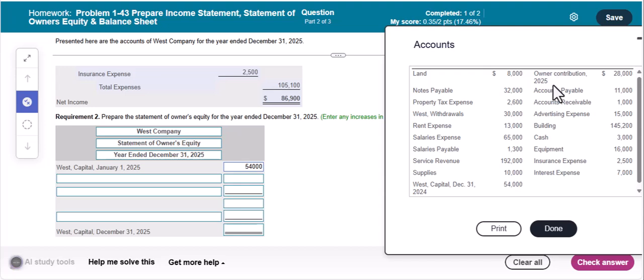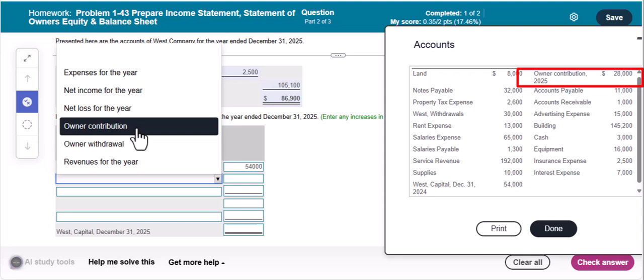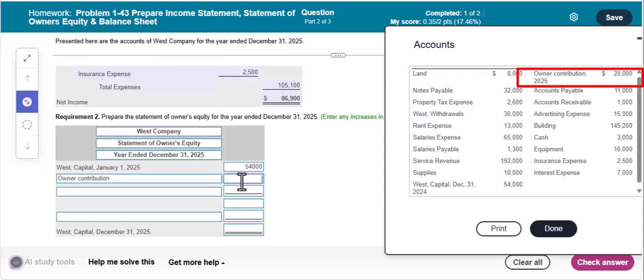So up here towards the top, we have owner contributions for 2025 are 28,000. So let's go ahead and input owner contribution here as the label and 28,000 as the amount. So what does that 28,000 mean? It means that the owner invested $28,000 of cash into the business as an owner contribution.